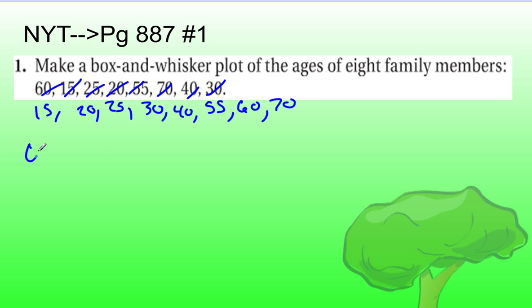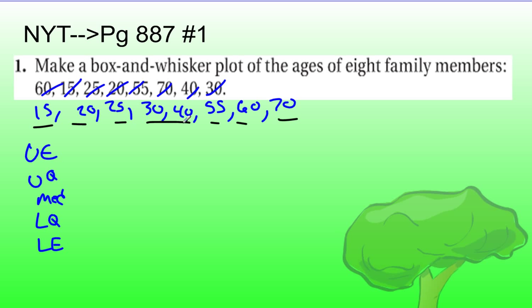Okay, so I need my upper extreme, upper quartile, my median, lower quartile, and lower extreme. Median first, middle. 1, 2, 3, 4. So I'm going to find biggest, smallest, big, small, 2 in the middle. Well, here's a little hint.